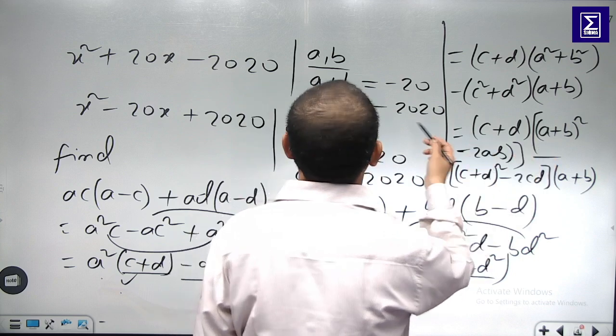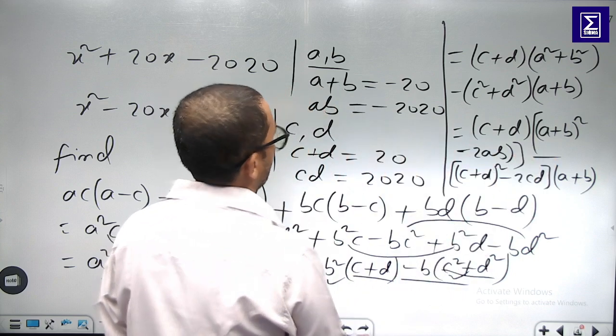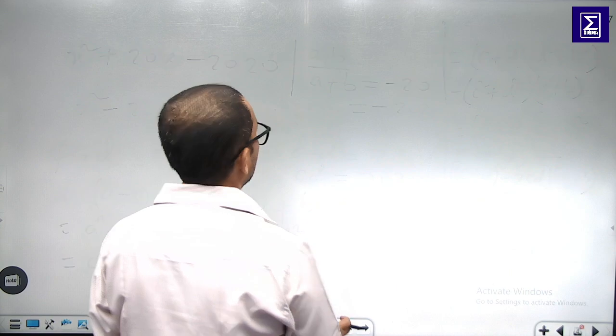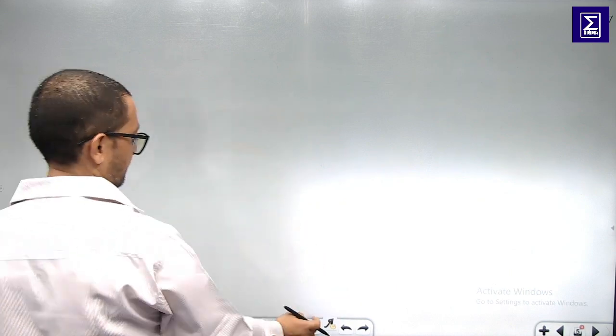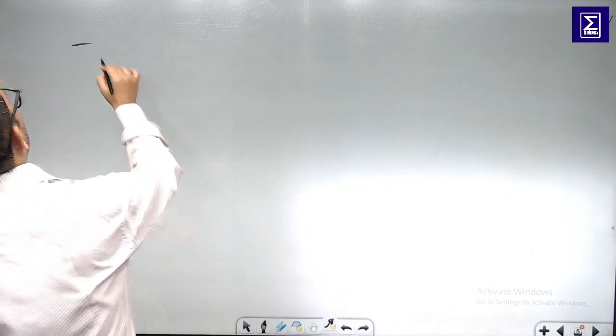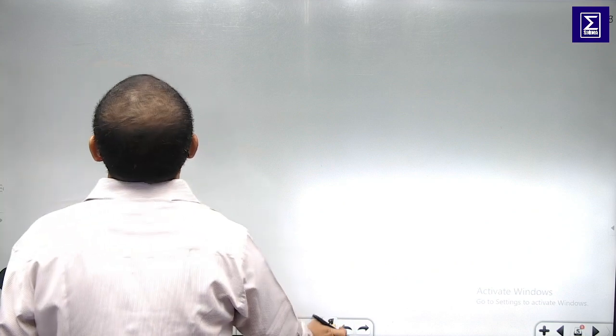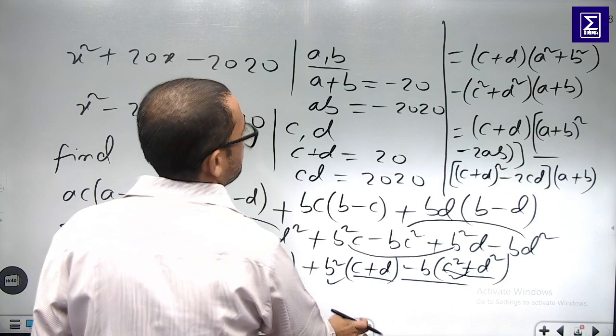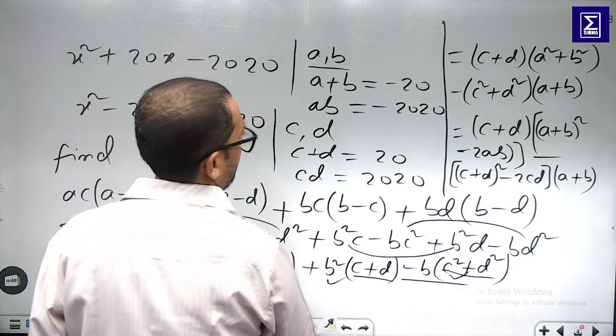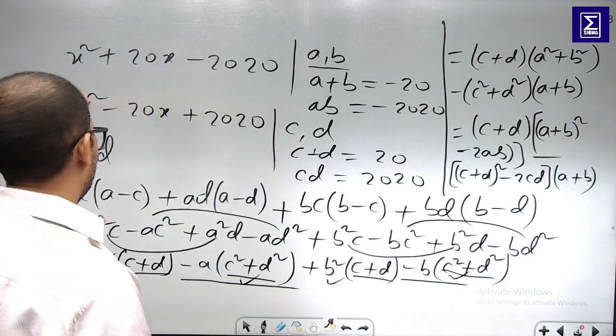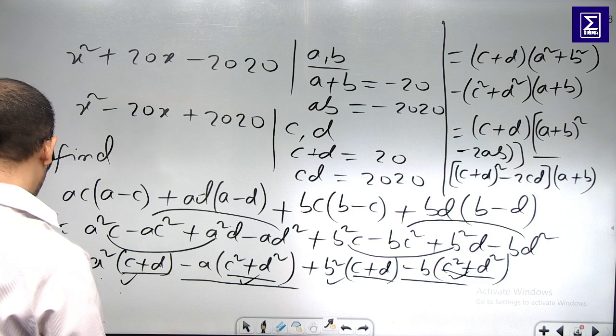So a plus b whole square, a plus b is minus 20. So we just need to put the values, or apart from this, we can rub some of the portions.